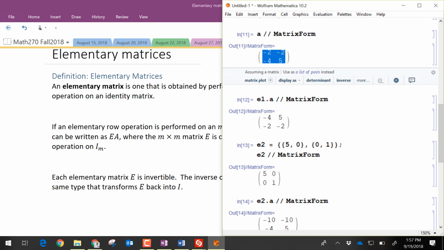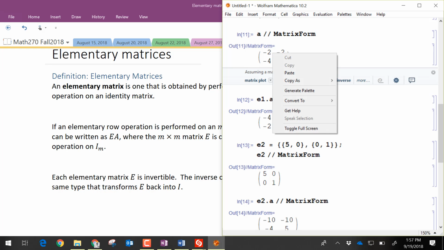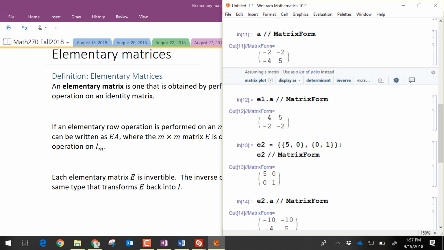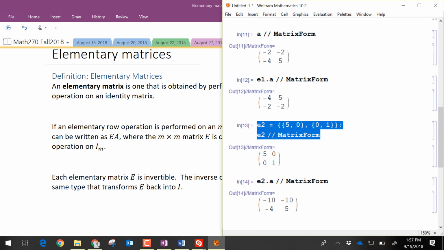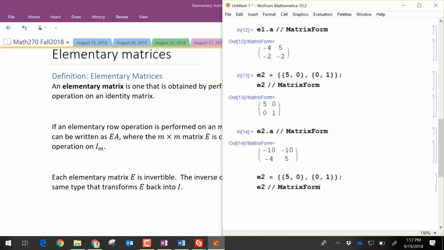Let's do one more. Let's do a third elementary row operation on the identity. What we'll do is multiply the first row by -2 and add it to the second row.